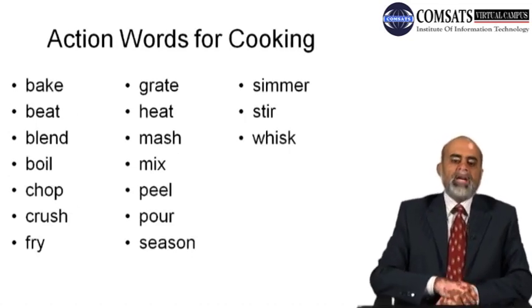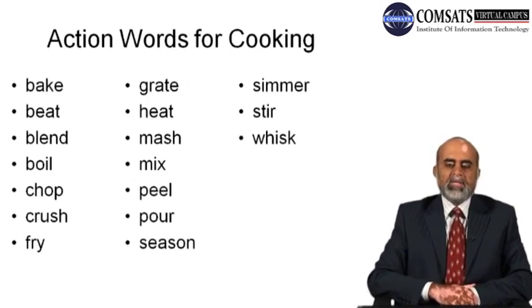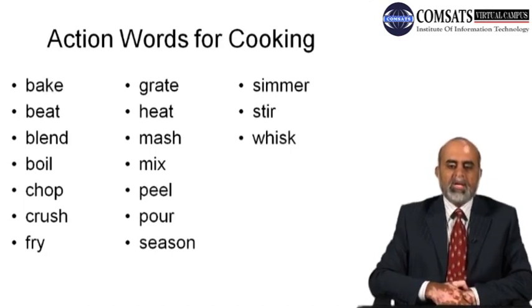Okay, now action words can be different for various actions. In fact, it is a good idea that you make a phrase book, and in that phrase book you write action words for various situations. For example, right now we are talking about cooking, so for cooking you can make a list such as this one. You know the difference between this? Bake.